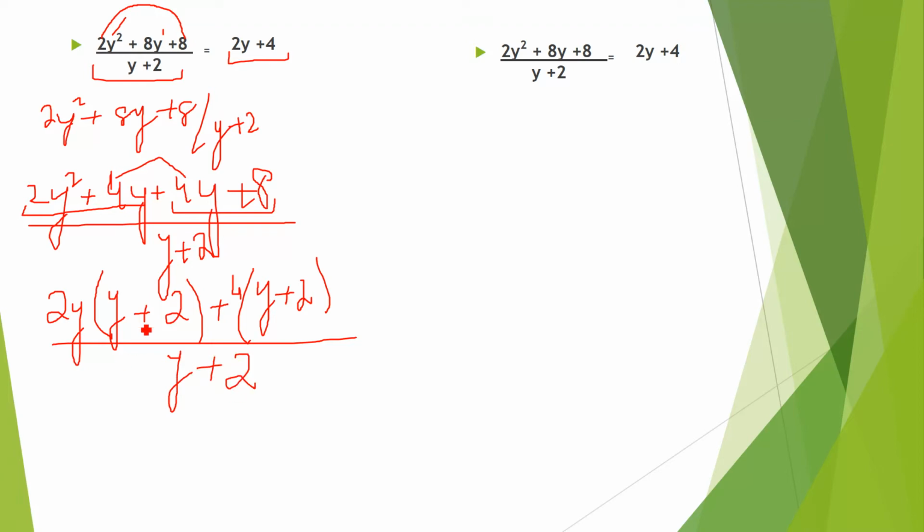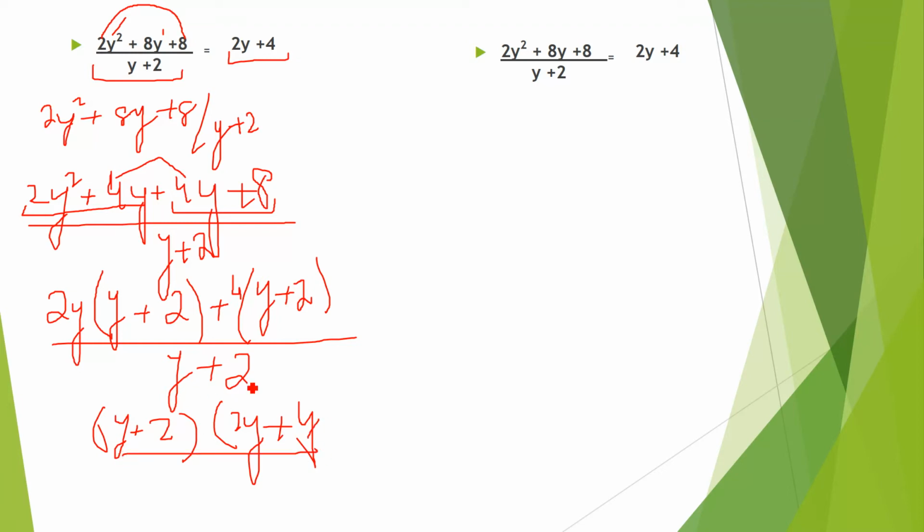Right, now we will take common. This is y plus 2, and I told you that both parentheses should be exactly the same. So we can take y plus 2 common from here, and then what is remaining? 2y plus 4. 2y is here, and plus 4 is remaining, right?